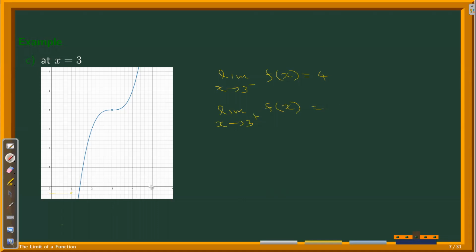When I come to 3 from this side, my y value keeps coming down and down and it gets close to again 4, no? Okay, so 4.